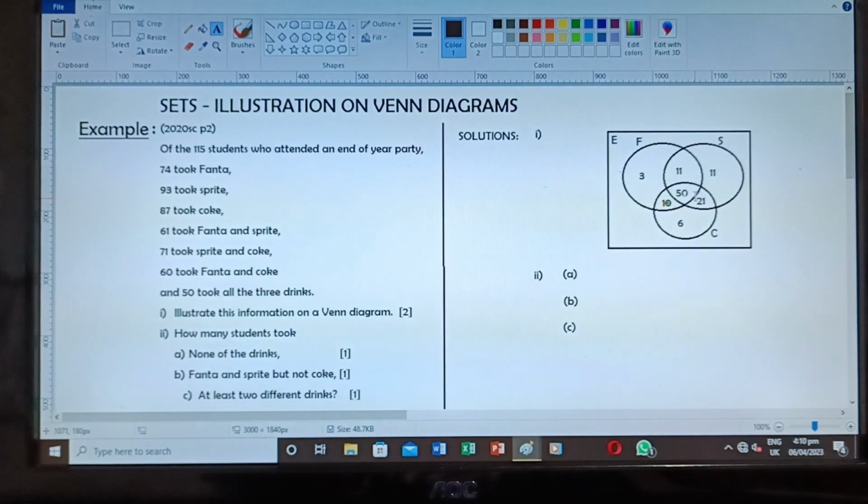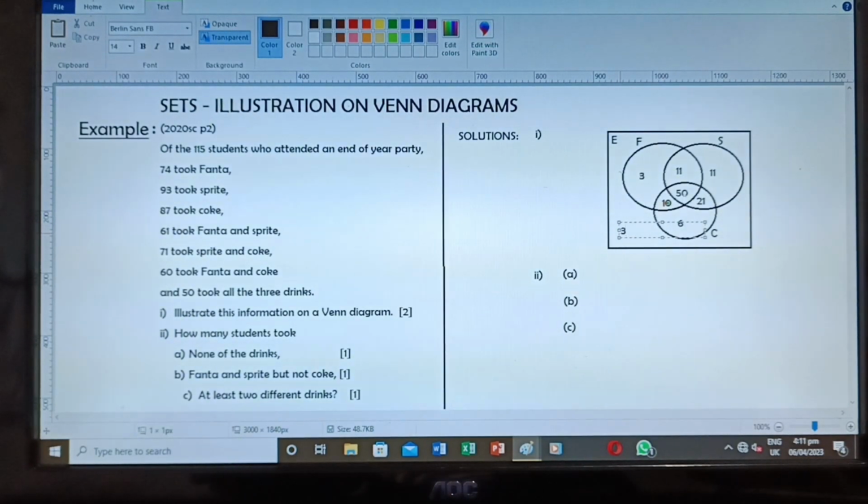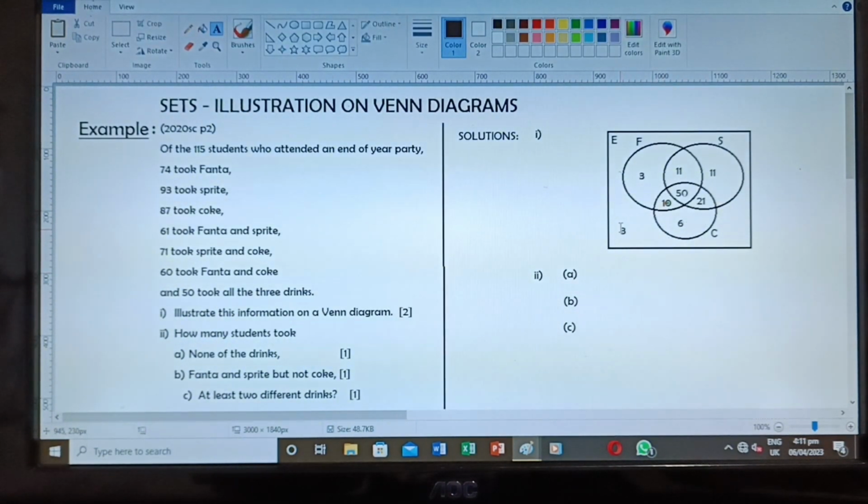So 112 from 115, the remainder is 3. So the 3 should be outside here. So that when we add now all the quantities here, 3, 6, 10, 50, 21, 11, 11, 3, we are going to get 115.